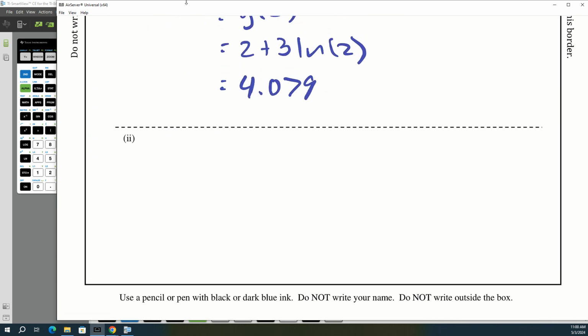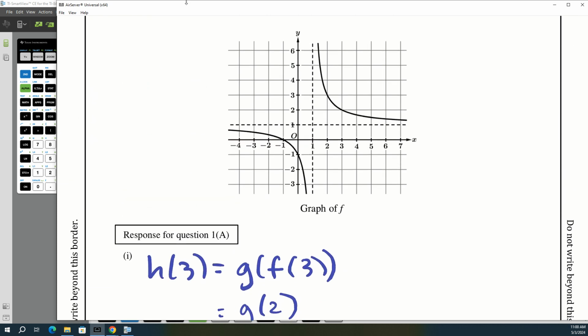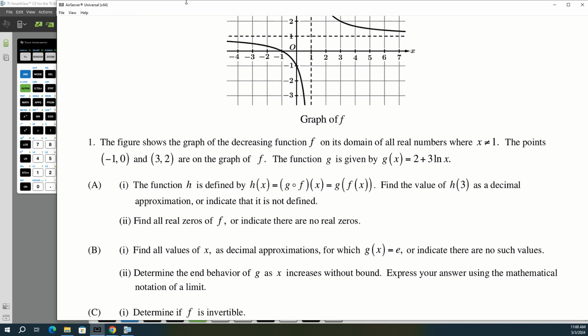All right, so the second part of A says to find all real zeros of f or indicate that there are no zeros. And so from the graph, we're looking to see where the function equals 0 or where there is an x-intercept. So what do y'all think? -1. If you're unsure, it tells you here what you need to know.